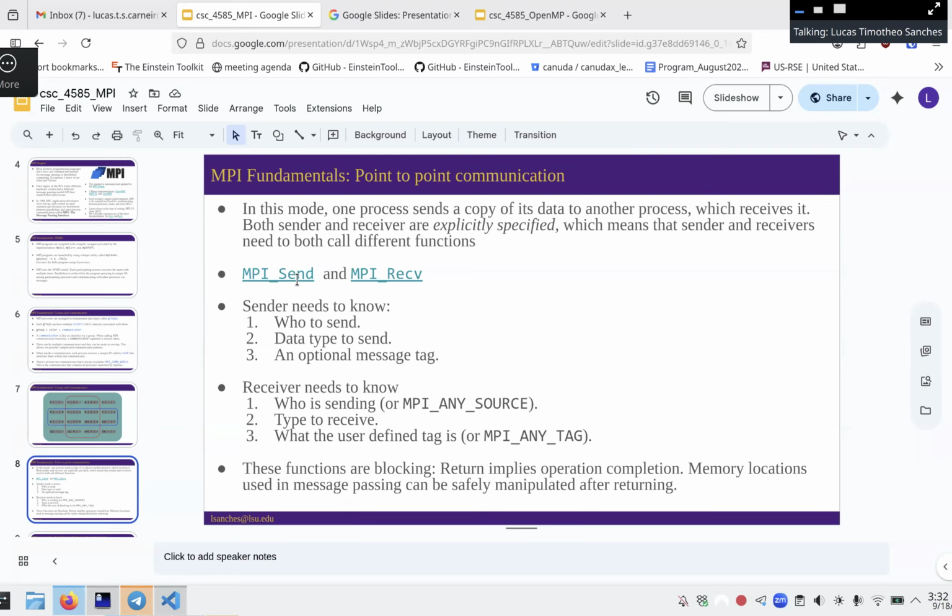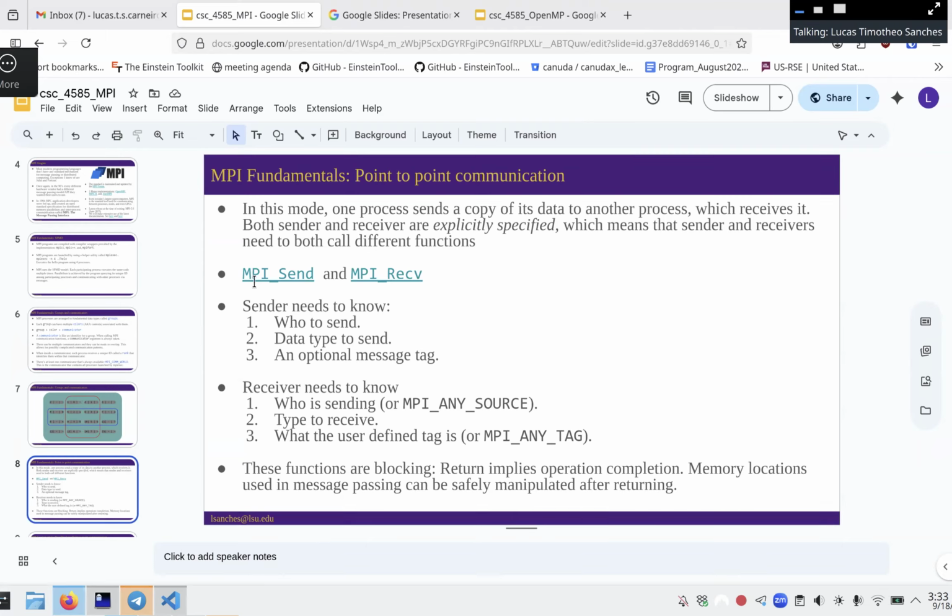Because what happens if you don't do that? Does anybody have a guess? One process wants to send a message, but the other process didn't post the fact that they want to receive a message. So these functions are blocking. Do you have any idea of what's going to happen?